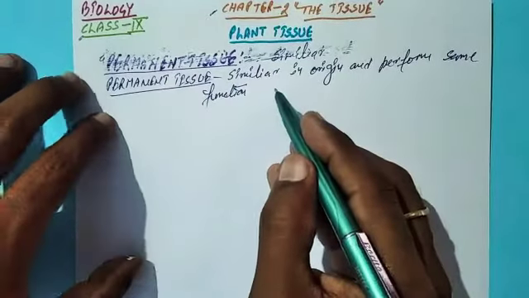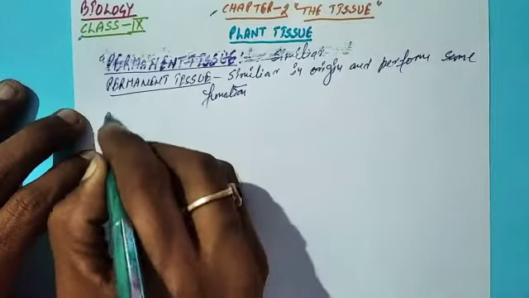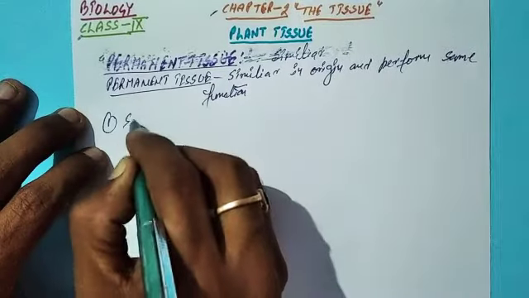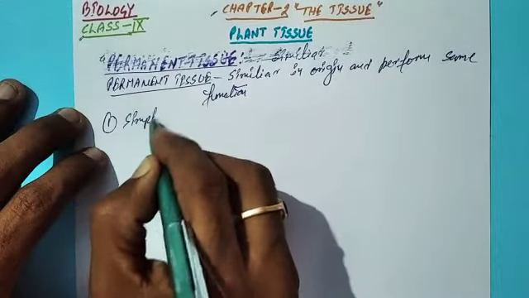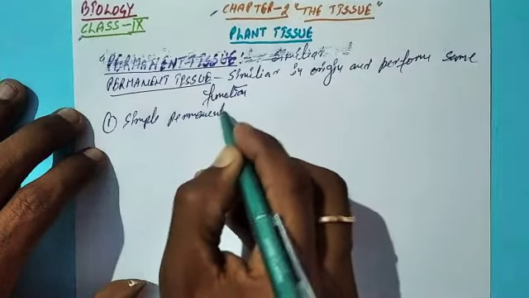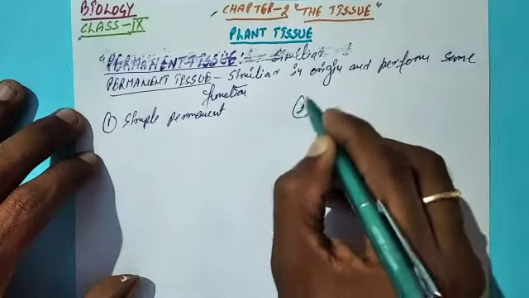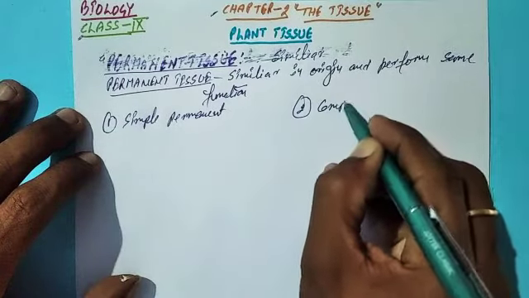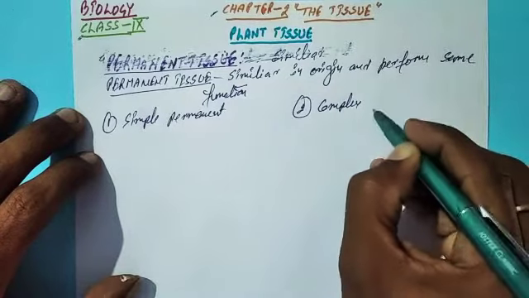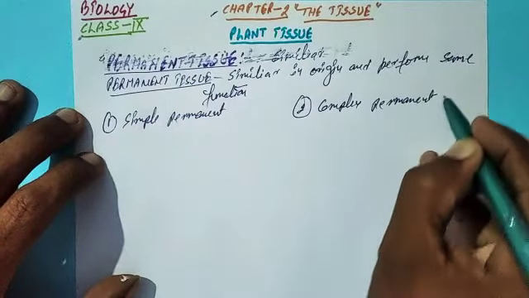Permanent tissue is divided into two parts. First is simple permanent tissue and second is complex permanent tissue.